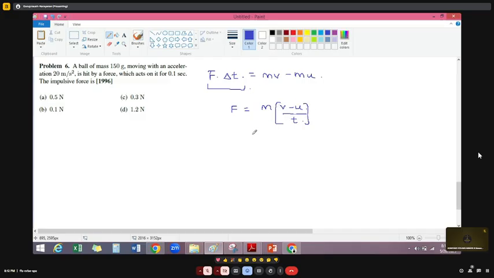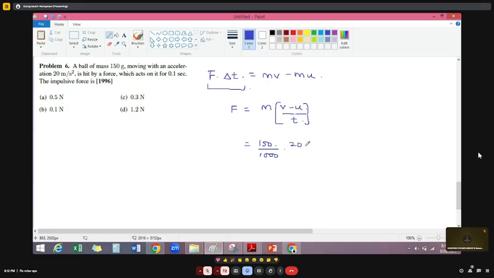And the t is on this side. So acceleration is given, 150 is given. So that means 150 gram, gram means divide by 1000 to convert it to kilogram. V minus u divided by t is 20.